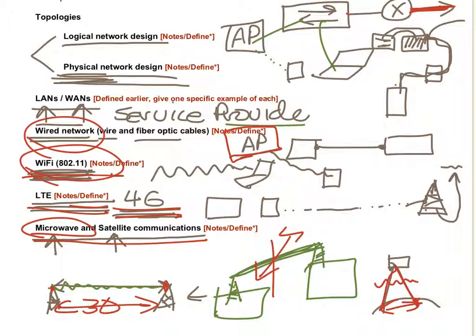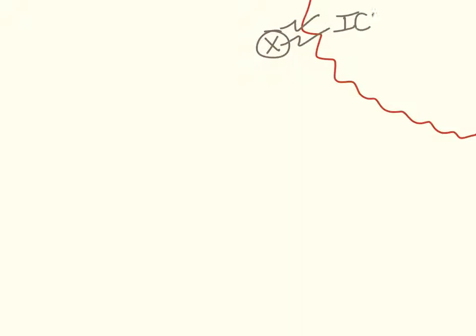Okay? So if we were to look at the big picture, you can have, for example here at the college, let's say this is the internet, and the college has a router with two connections into the internet to the Iowa Communications Network. And this would be a logical diagram. They have a firewall.